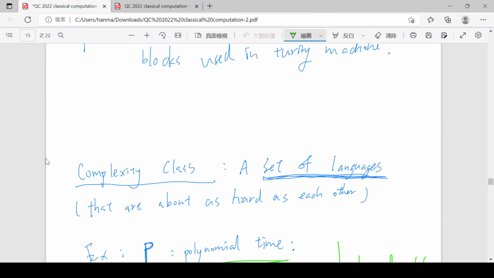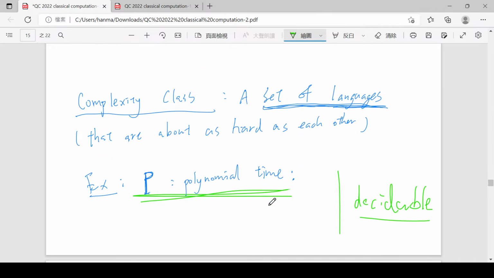So the thing that computer scientists do is study complexity classes, as we already saw an example in P. A complexity class is a set of languages that are about as hard as each other, and we'll give more motivation for this later.